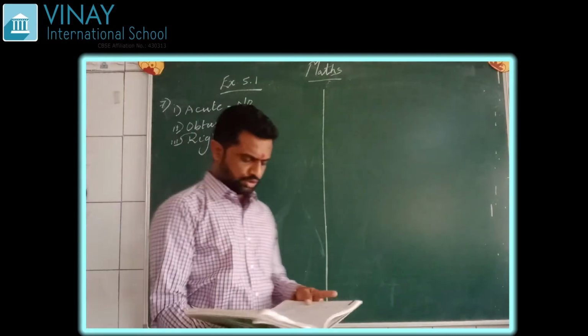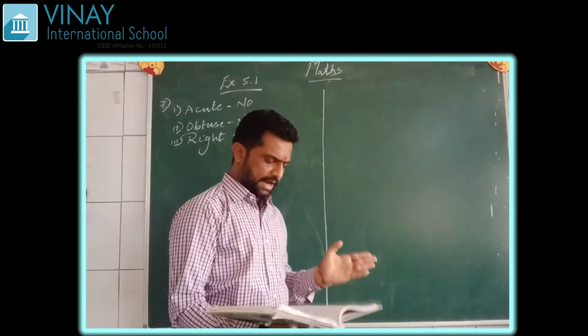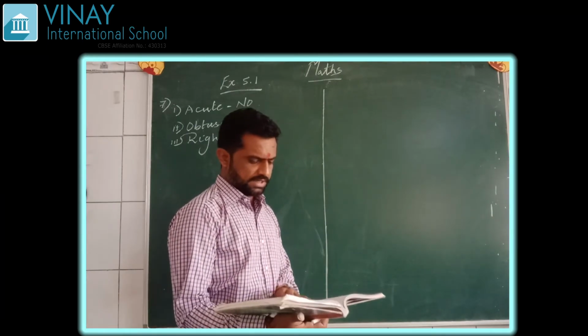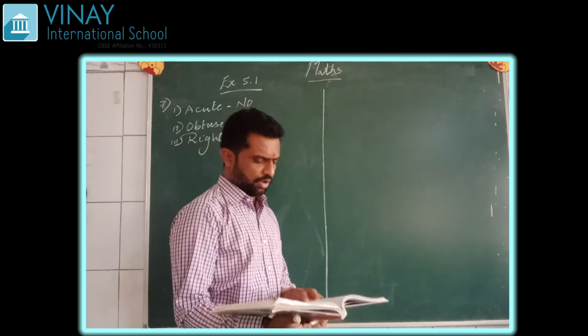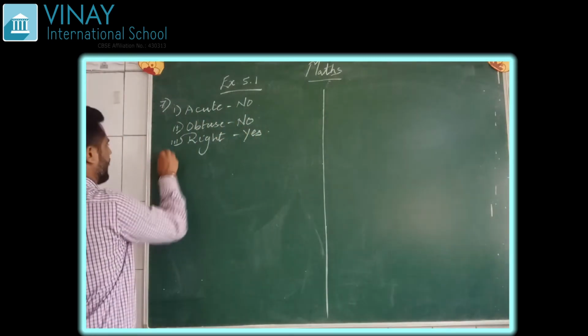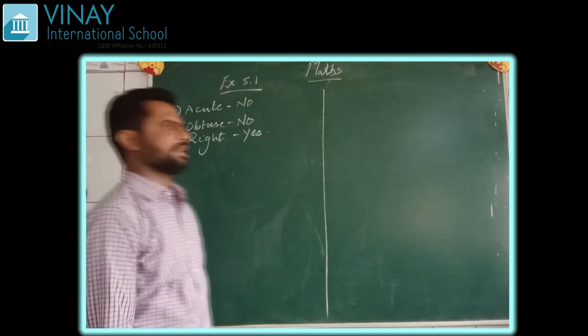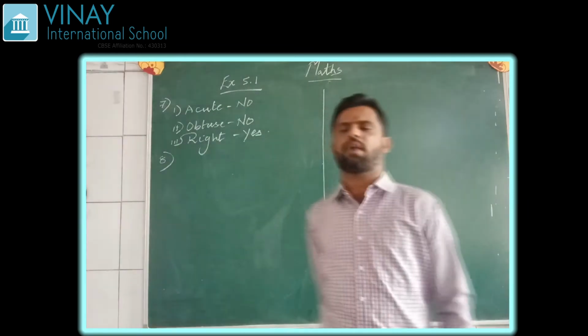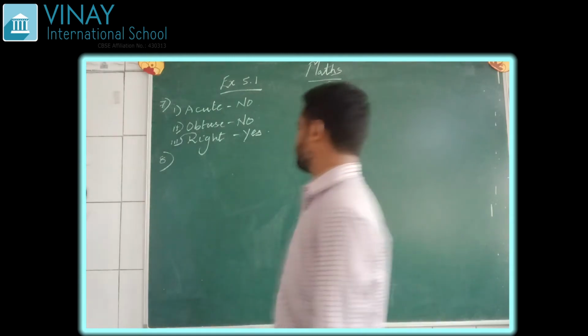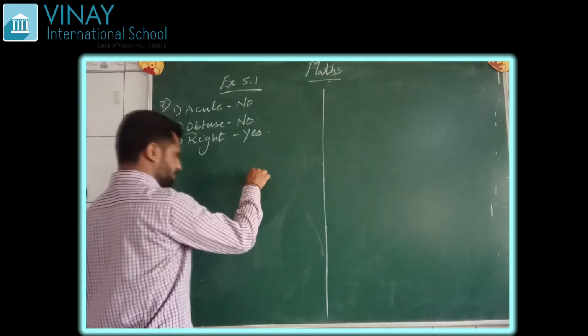Now let us see question number 8. An angle is greater than 45 degrees; is its complementary angle greater than 45, equal to 45, or less than 45? Here it is given that one of the angles is greater than 45 and we have to find its complementary angle. Let us try to understand it by this figure.